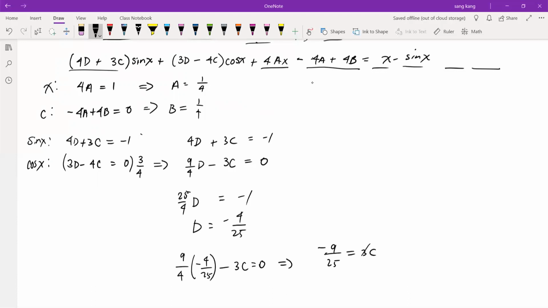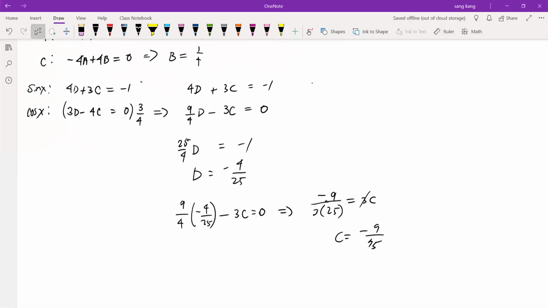Therefore, this will be 3 times this, right? So c will equal negative 9 over 75. If we divide top and bottom by 3, negative 3 over 25. Okay, so there's our two coefficients.